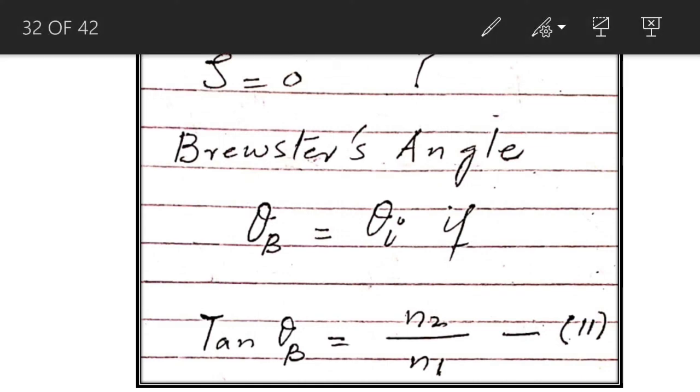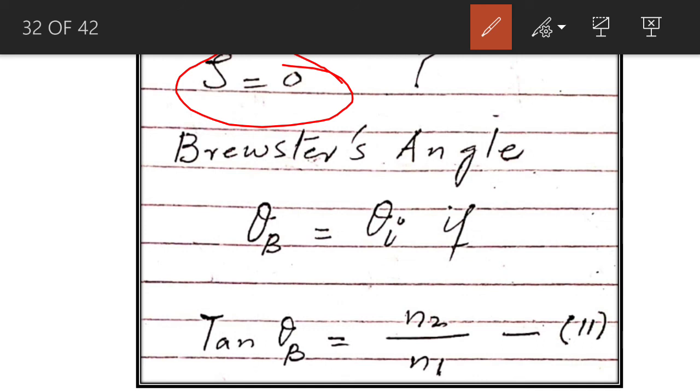Now the question rises that can rho be 0, and keep it in your mind that if rho is 0, there will be no reflected wave and there will be no reflection loss, especially in the case when you guys want to feed the light energy from the air to the optical fiber.